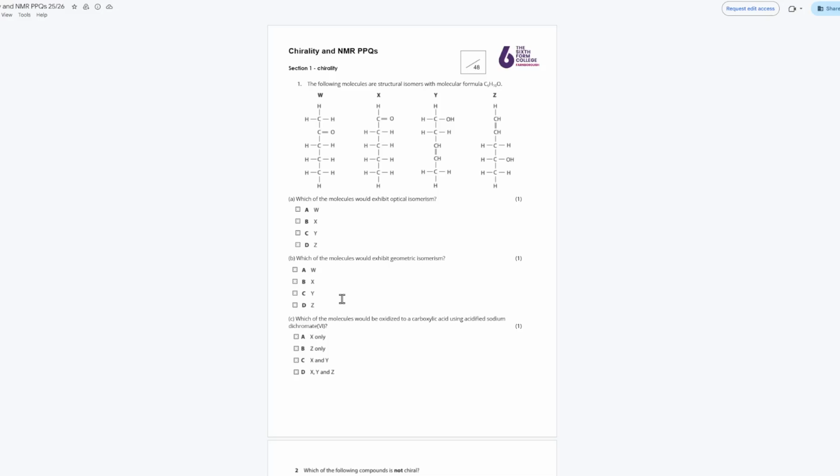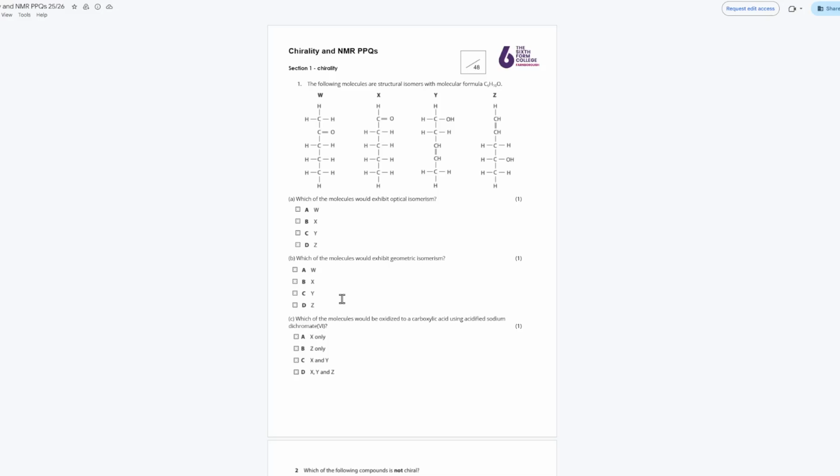Which of the molecules would exhibit geometric isomerism? So basically the one that has a carbon-carbon double bond, so we're looking at Y or Z, and it must be Y, I would assume.